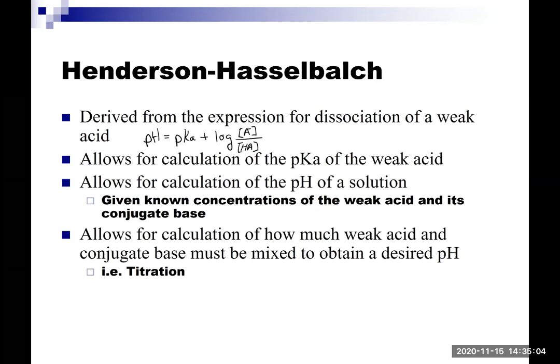So this allows for a calculation of the pKa of a weak acid, or the calculation of pH, or we can also calculate the concentration of a weak acid and a weak base that we need to mix together to obtain a desired pH. And we use titration to do this.